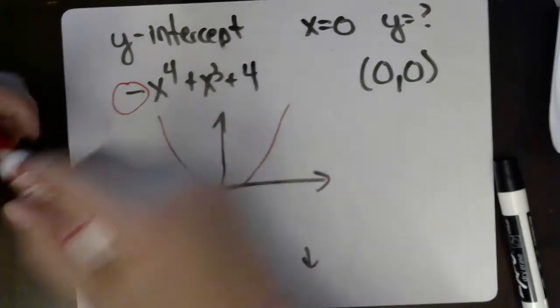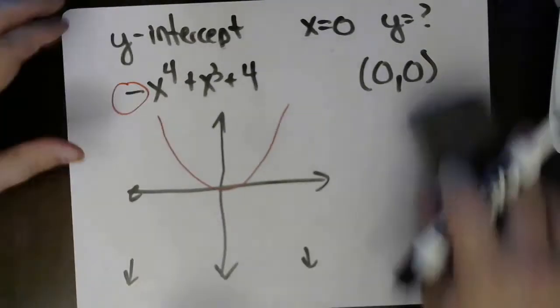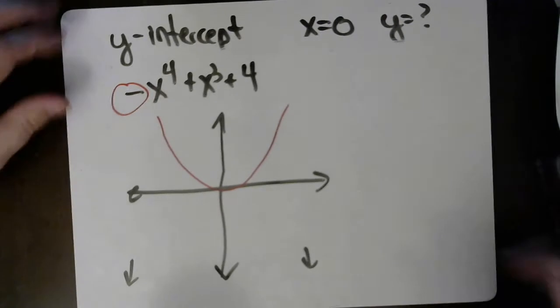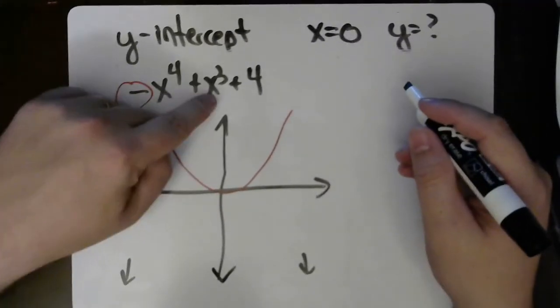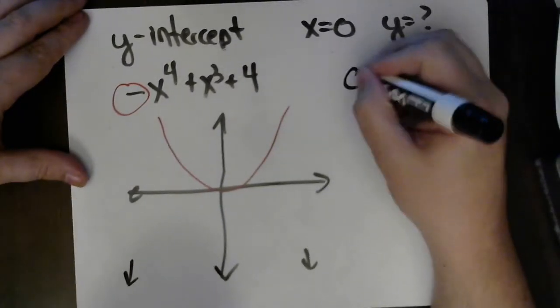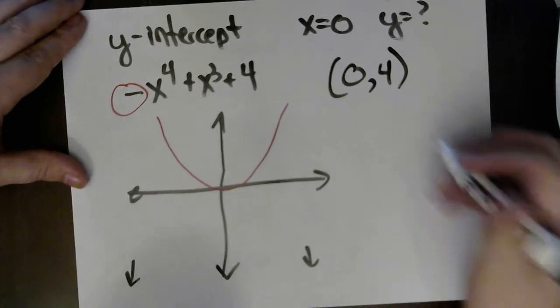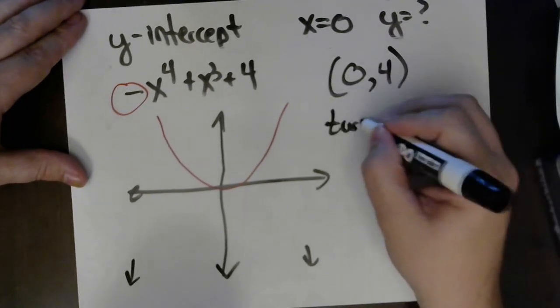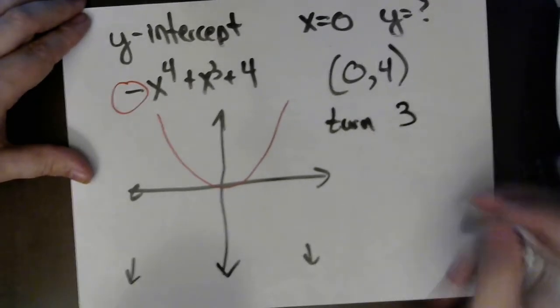Now, what is our y-intercept? For this case, if x is 0, that's going to make the other terms 0, and what are we left with? We are left with 4. So that means 0, comma 4 is our y-intercept. How many times does it turn? That's 4 minus 1, so it's 3. We got our end behavior.